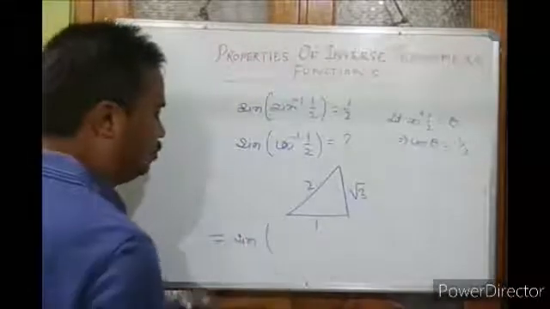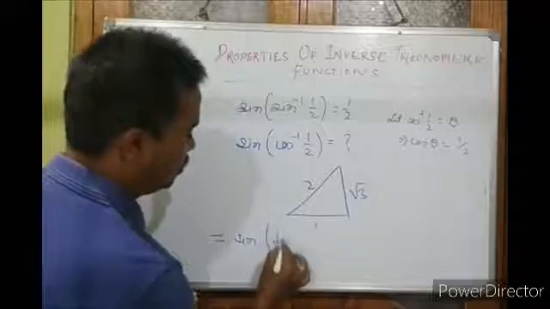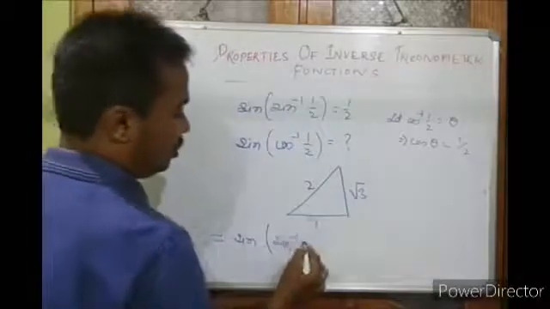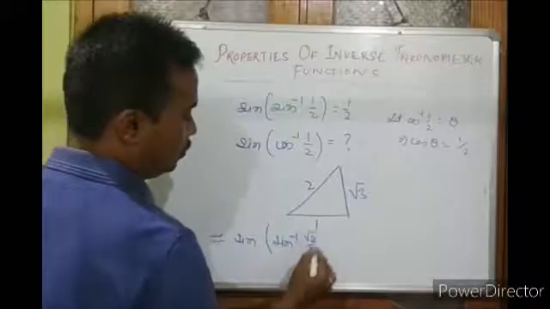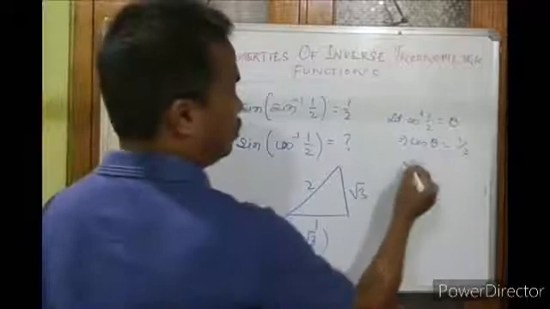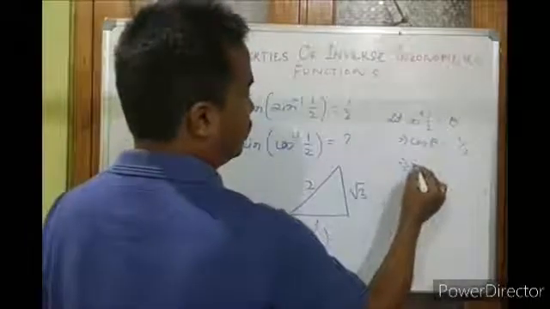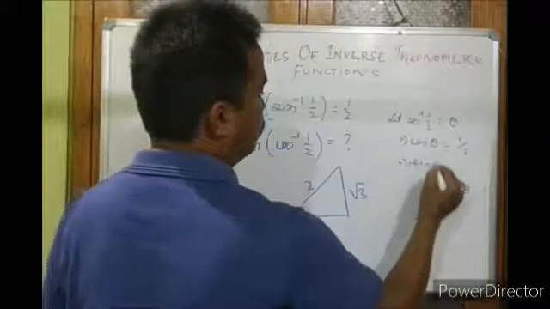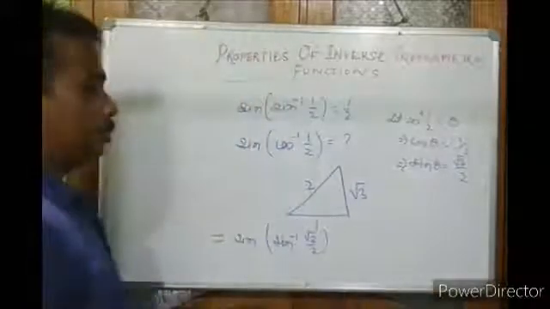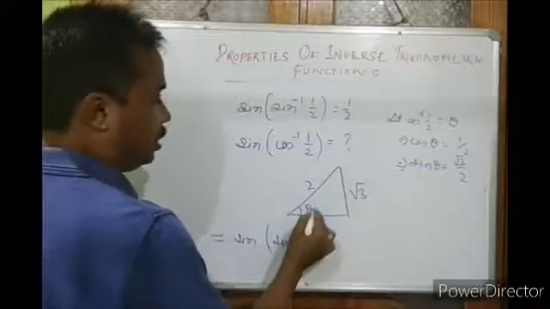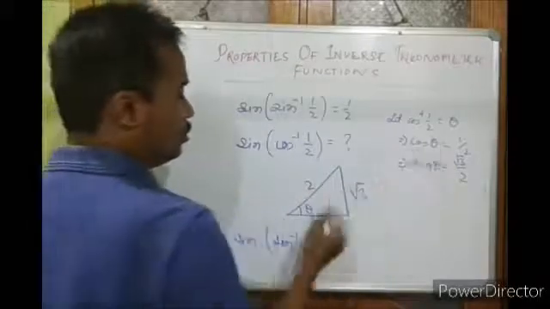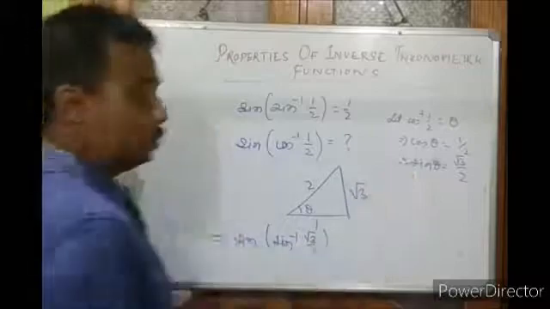This is equal to sine of sine inverse root 3 by 2, because cos theta is equal to half, so sine theta is equal to root 3 by 2.